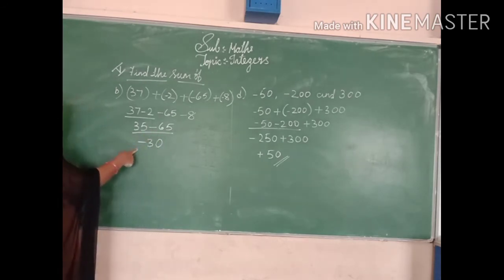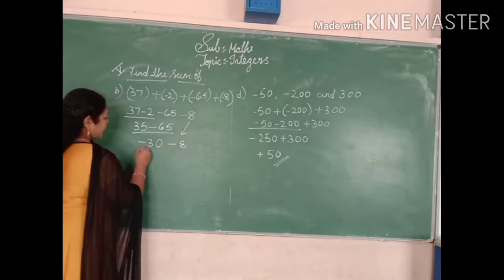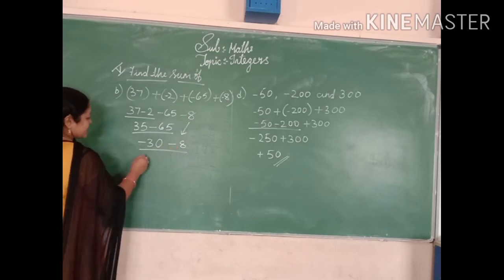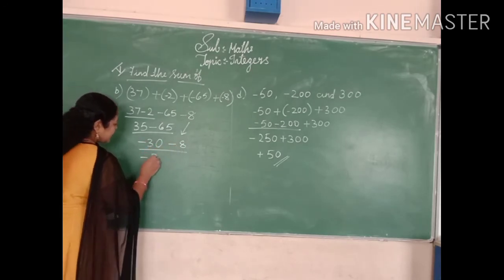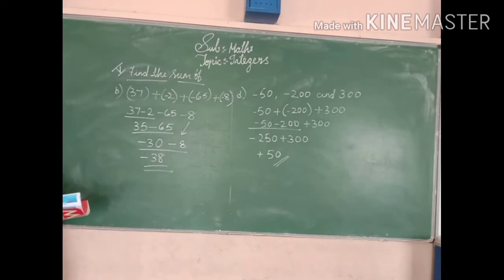Symbol of the greater number is minus 8. Bring this number down. Plus into minus, minus into minus is minus 30 plus 8, 38. Therefore, your answer is 38.